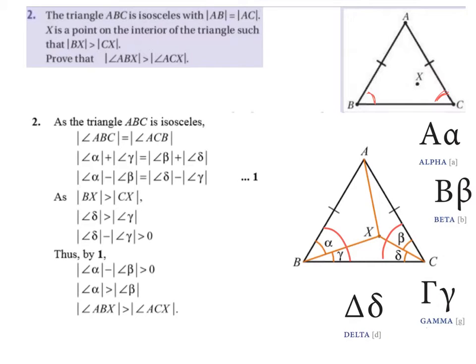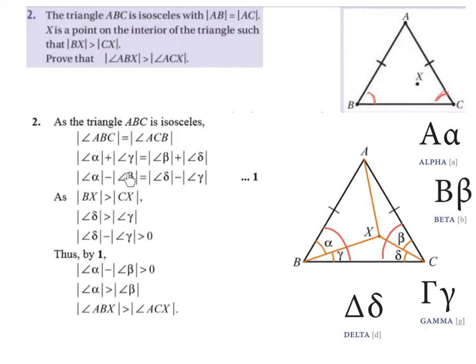Remember, we worked out angle alpha minus angle beta to be equal to angle delta minus angle gamma. So if angle delta minus angle gamma is greater than 0, then angle alpha minus angle beta will also be greater than 0, because we just worked out that these two are equal.